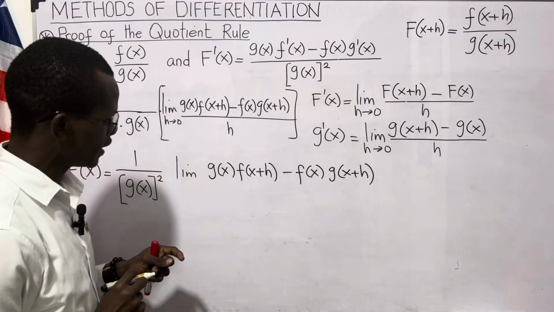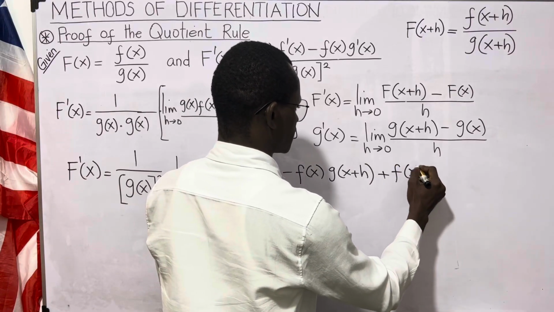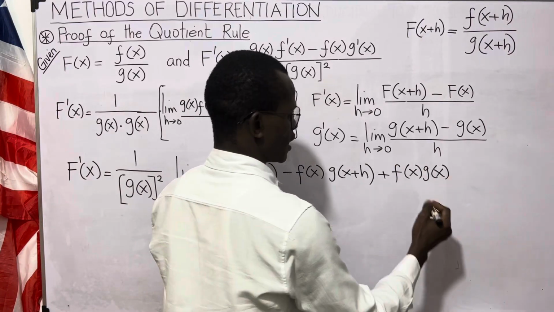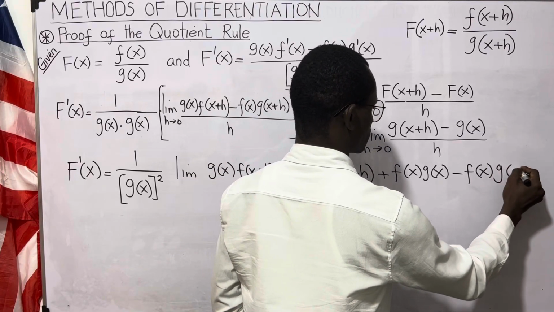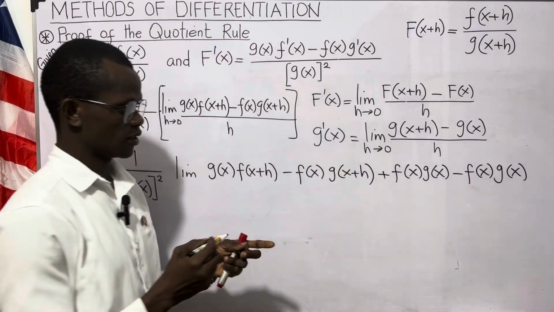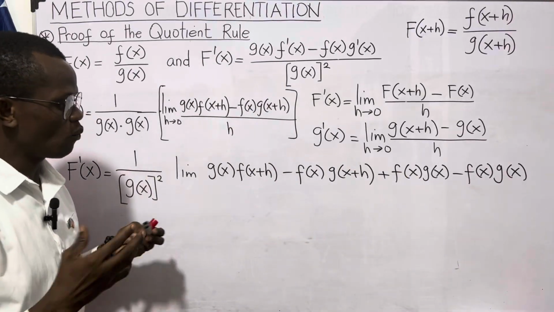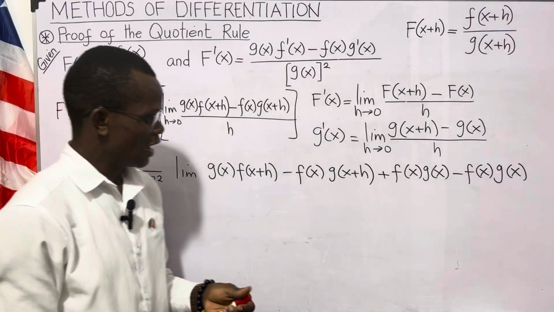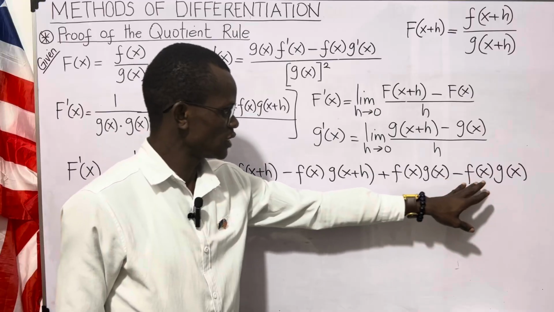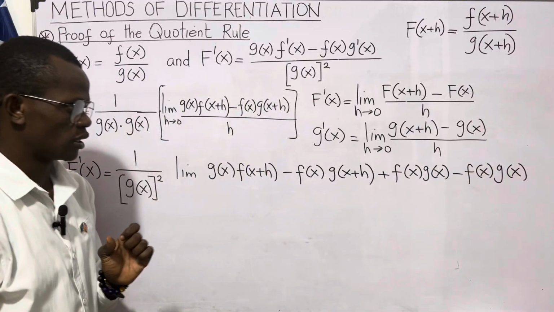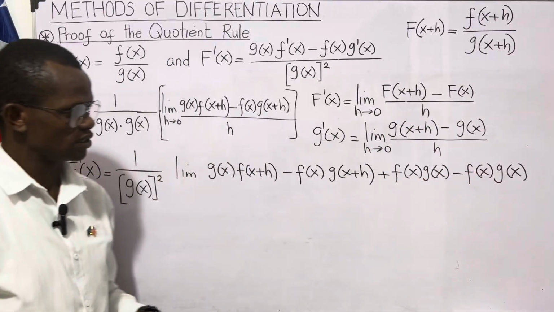Now, what we can do is add f of x times g of x and subtract f of x times g of x. It's just the same thing, because this minus this, it goes out, right? Now, why did we choose to add and subtract this particular expression?